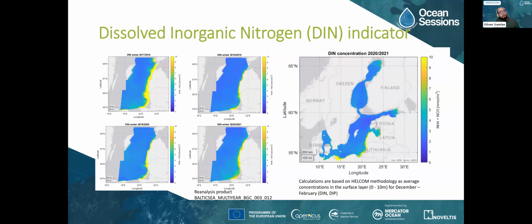We did an example with the dissolved inorganic nitrogen, whose calculations are based on HELCOM methodology as average concentrations in the surface layer, which is 0 to 10 meters, for the period of December to February. And as you can see, this is absolutely doable with Copernicus data.